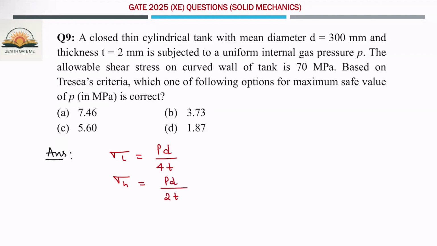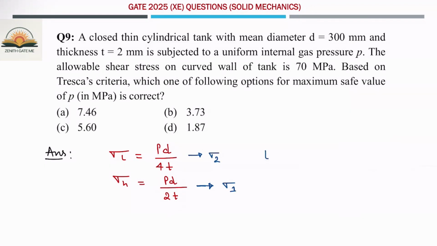So this hoop stress is also known as the major principal stress, and this is the minor principal stress. The maximum value of shear stress is the larger of sigma 1 minus sigma 2 by 2, sigma 1 by 2, and sigma 2 by 2. So you have to identify which one will be the maximum value.